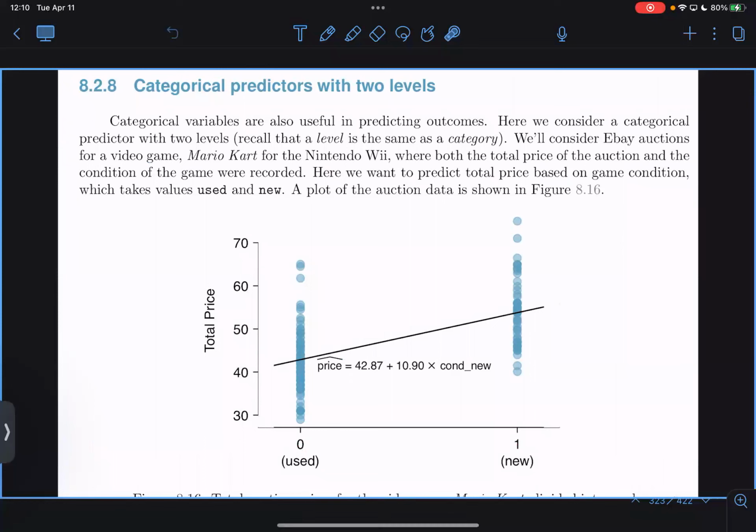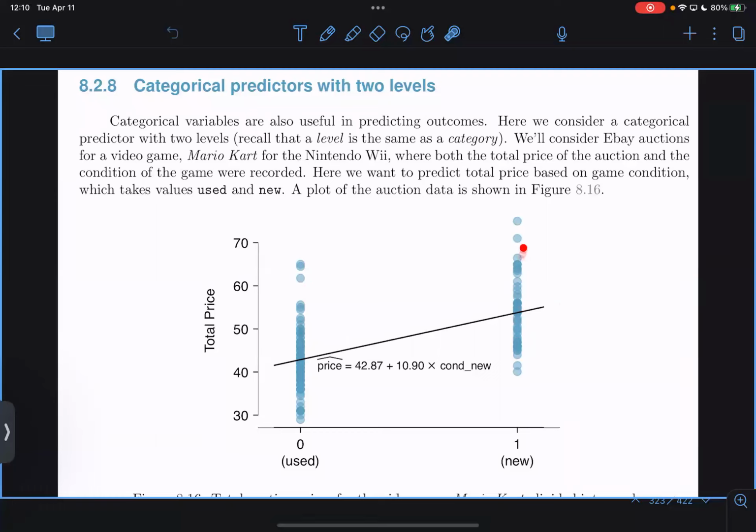And so then we have this numerical outcome, right? The total price of this video game. I don't know, I'm not well versed. Right, and so we have this numerical outcome, but just a binary predictor, right? Was it new? Was it used?